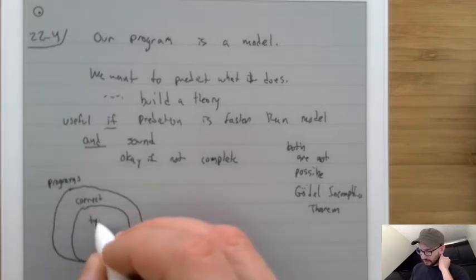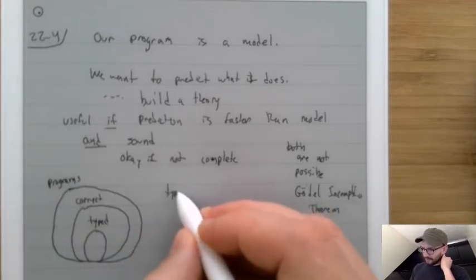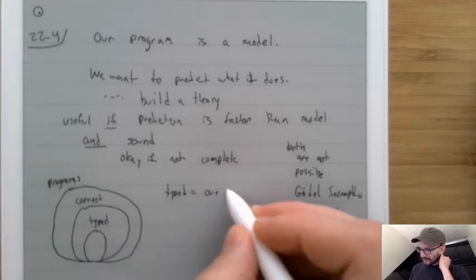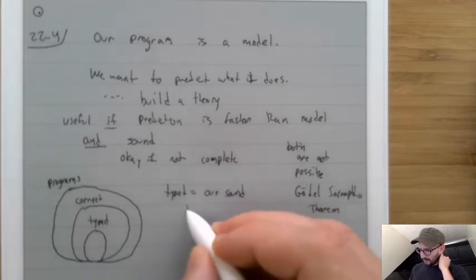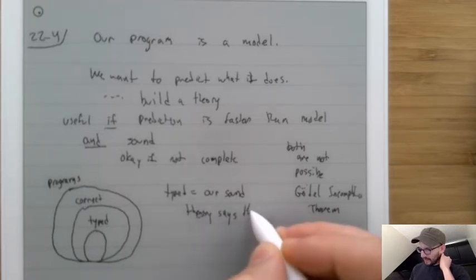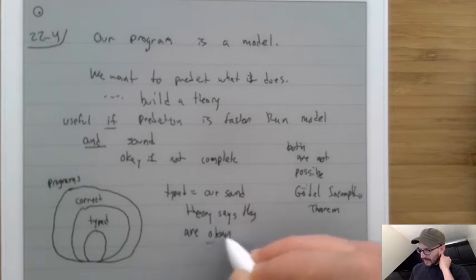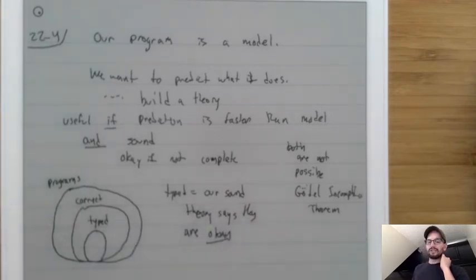And we'll call those programs typed. Okay, so typed equals our sound theory says they are okay. And there must be a gap between these two things because of incompleteness.